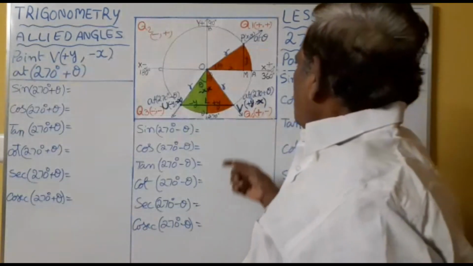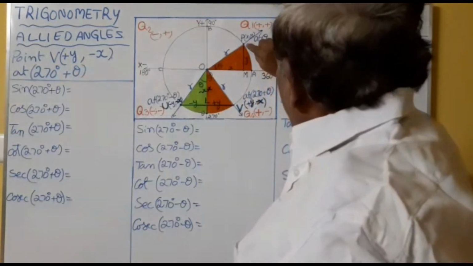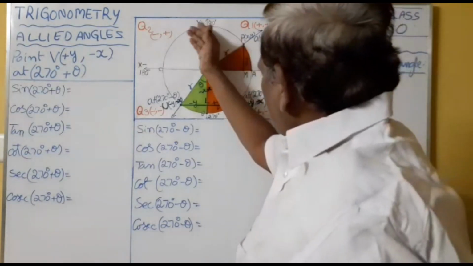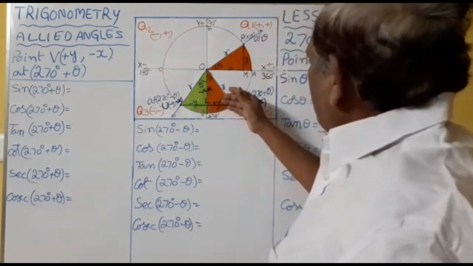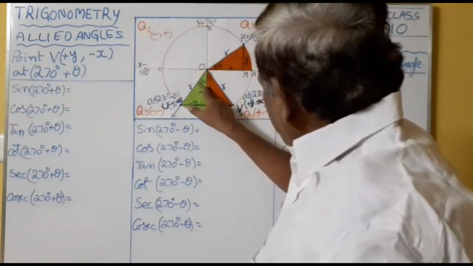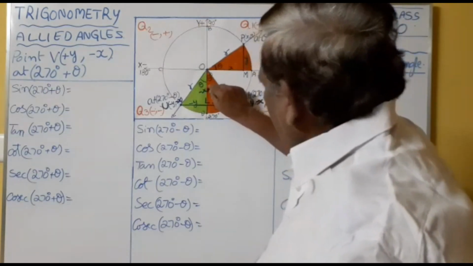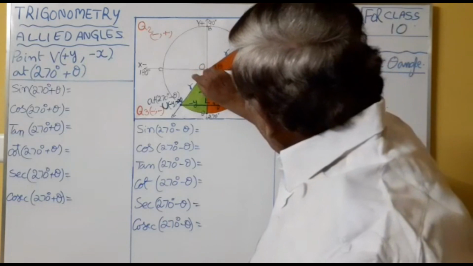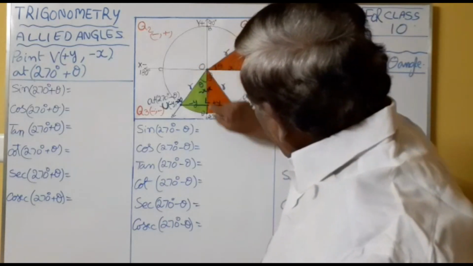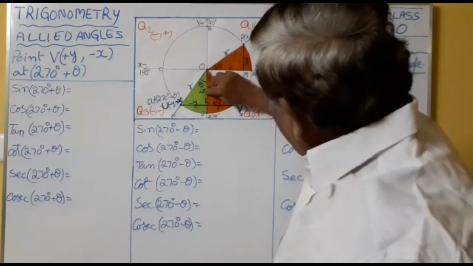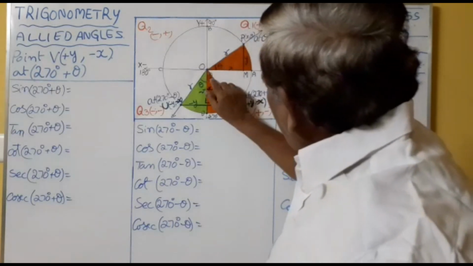Now, the point P after rotation through an angle 270 degrees plus theta. This angle is 270 degrees, and this ray is up to 270 plus theta.